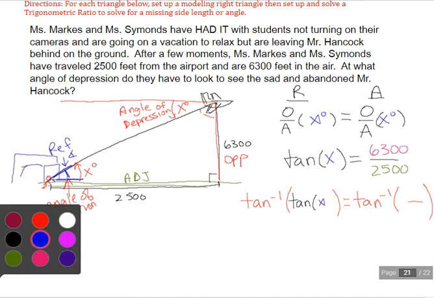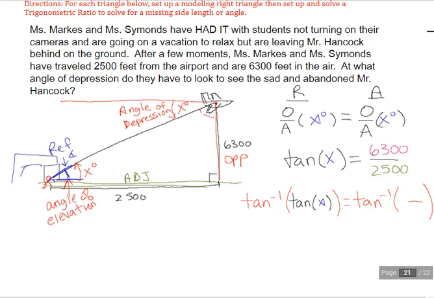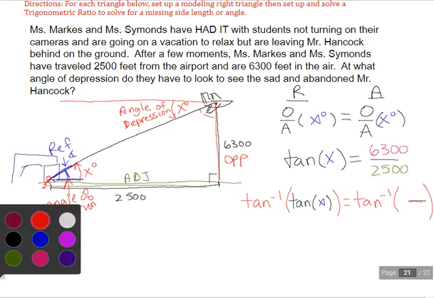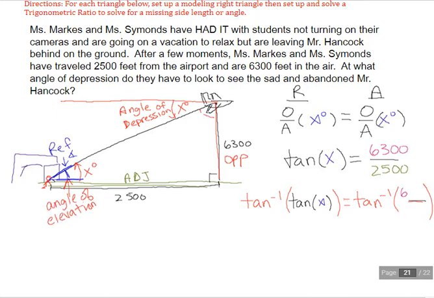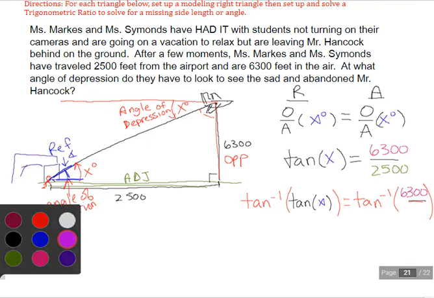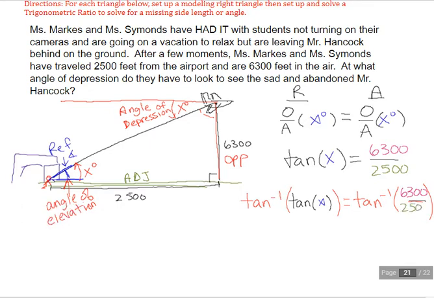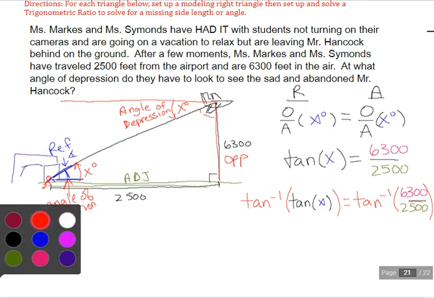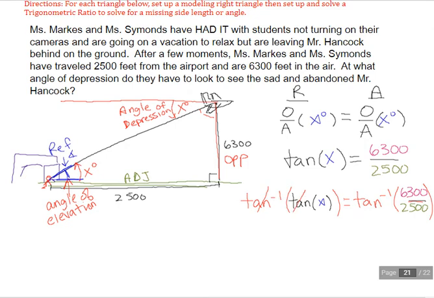On the right-hand side, we're applying it to the ratio 6,300 over 2,500. All right, so by rule, tangents cancel, leaving us with just x degrees.